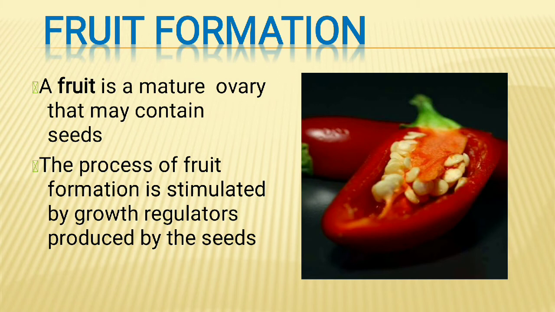Growth regulators are nothing but the hormones present in plants. Those are auxins, gibberellins, cytokinins. You have studied 5 different hormones already. So the process of fruit formation is also helped by the plant hormones present within themselves.